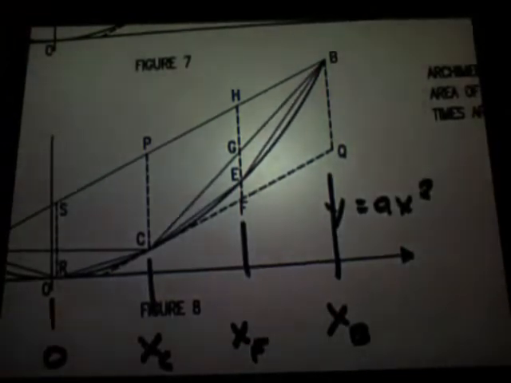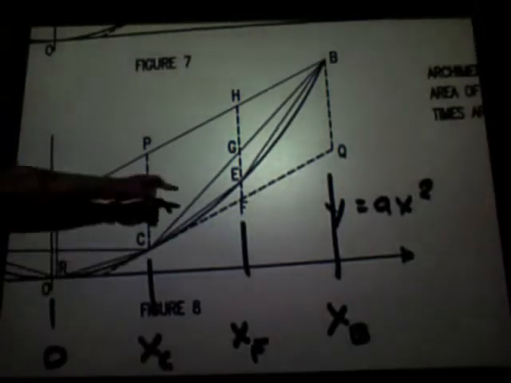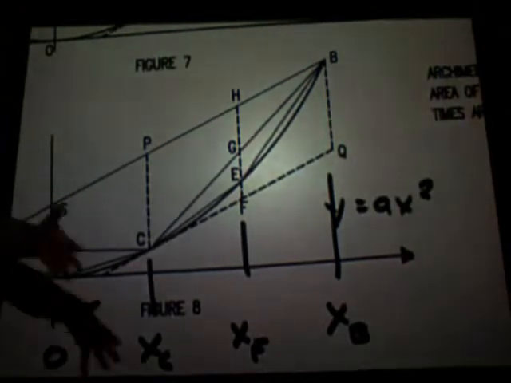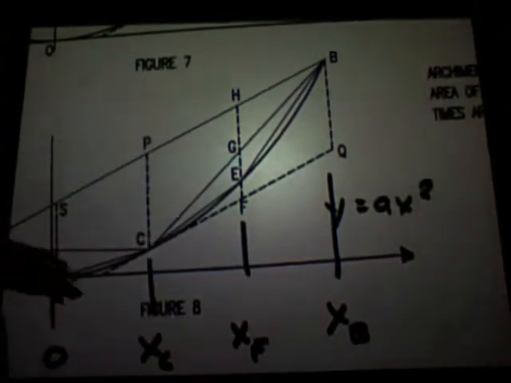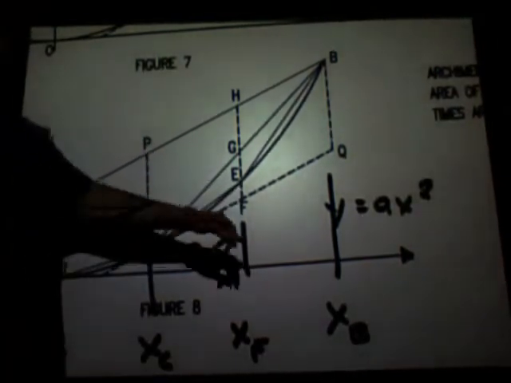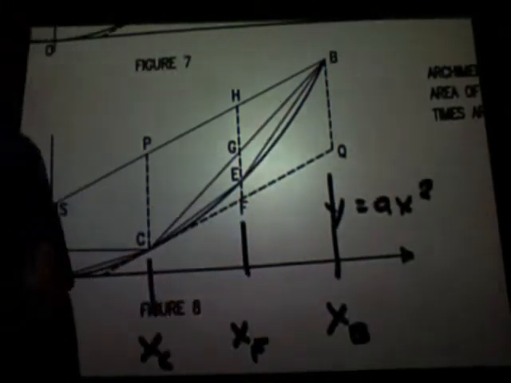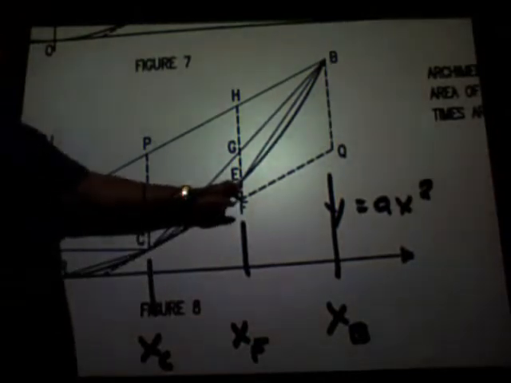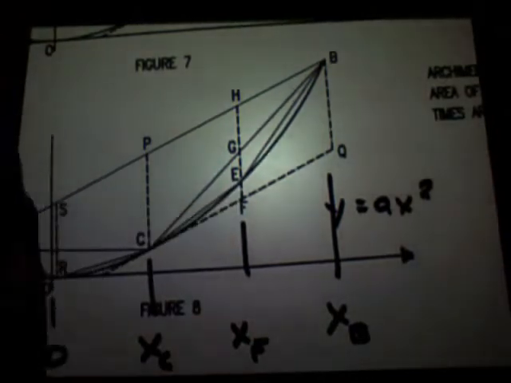FE by analytic geometry. That would be the ordinate, the y-coordinate of E minus the y-coordinate of F. How would you calculate that? Well, the y-coordinate on the parabola is easy. That would just be A times x sub E squared, right? That's E. What is it at F?